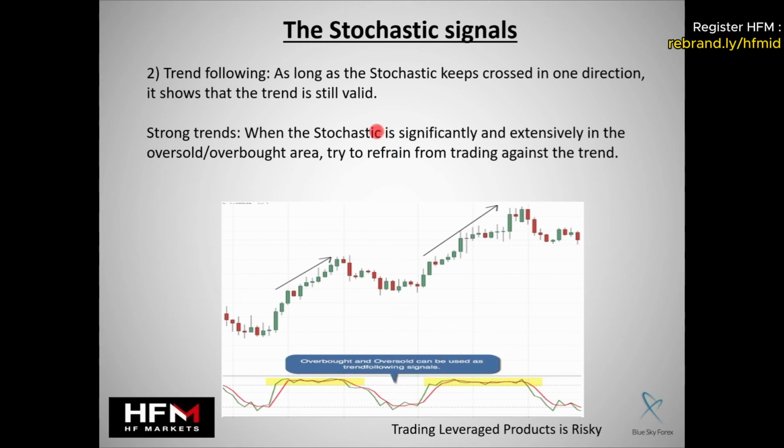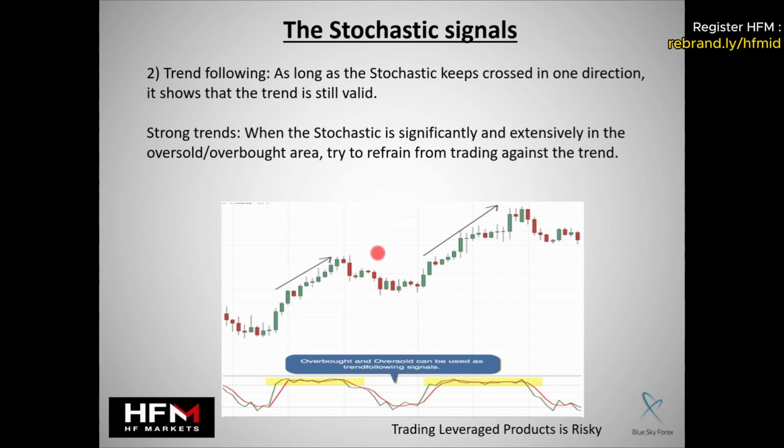Okay. Now, the trend following method is when the stochastic is giving you an extreme overbought or oversold value by crossing the threshold into that threshold, right? And you have something backing up the movement. So you have some high impact news actually released on the market that is making the price trend in one direction.